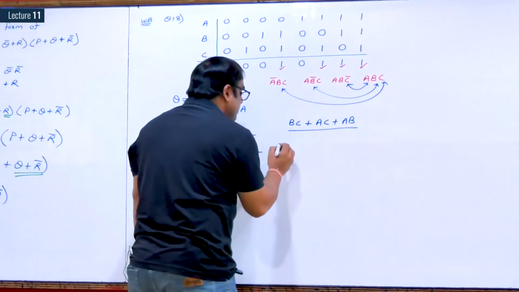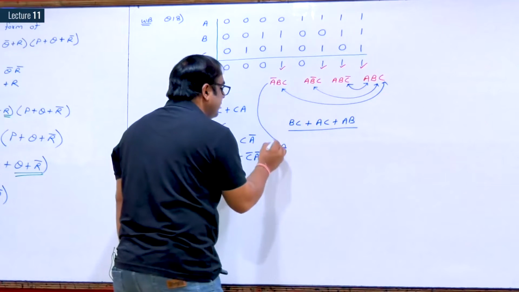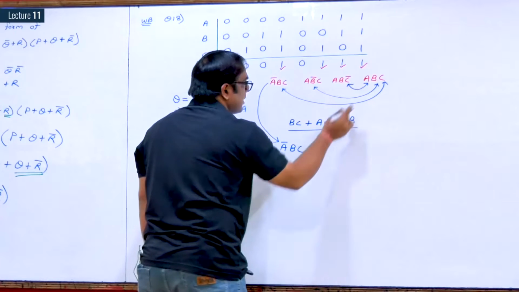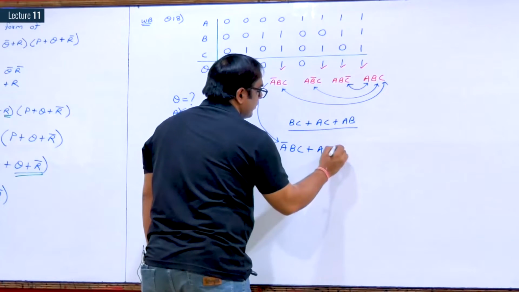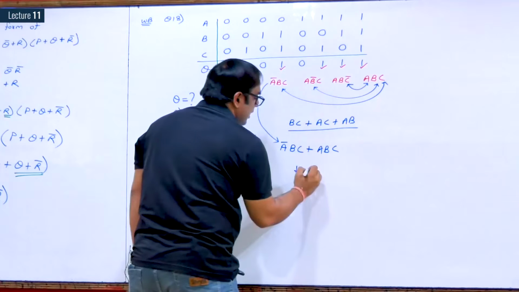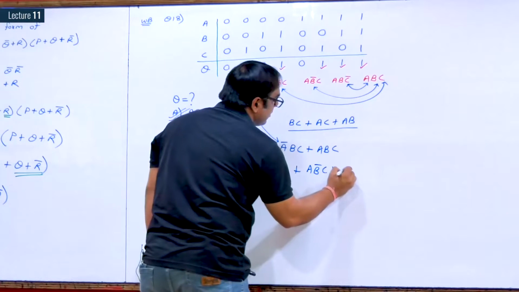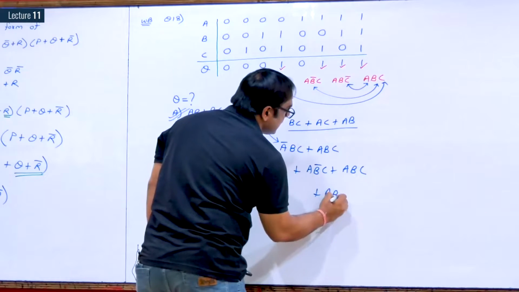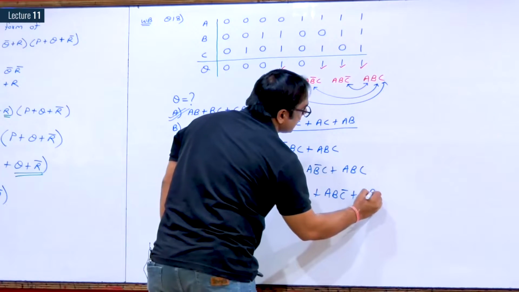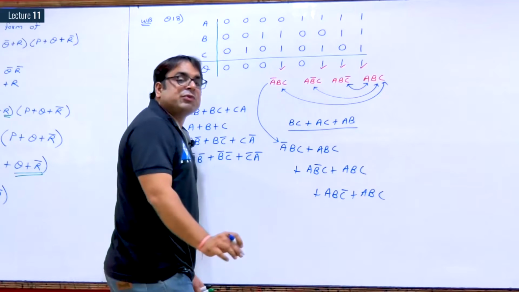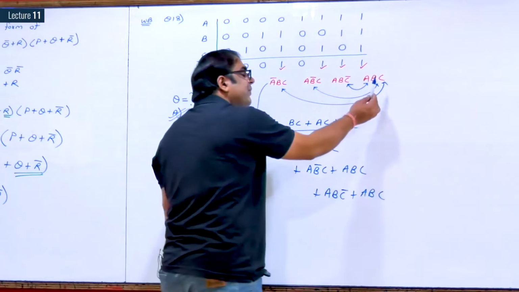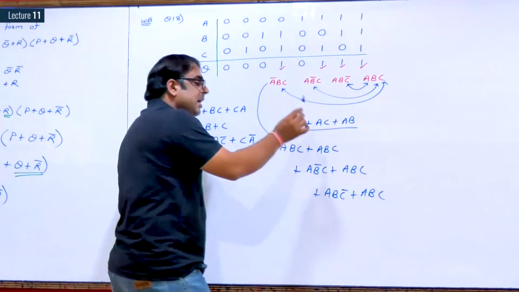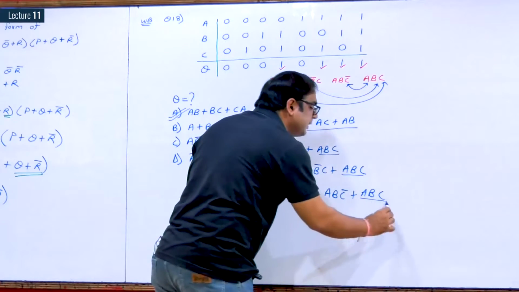If you want some more detail, now let me show you some steps. A complement BC plus ABC plus A B complement C plus again ABC plus ABC complement plus ABC. I have told you before also, if I need this term to minimize all the three terms, I can write this term 3 times also.